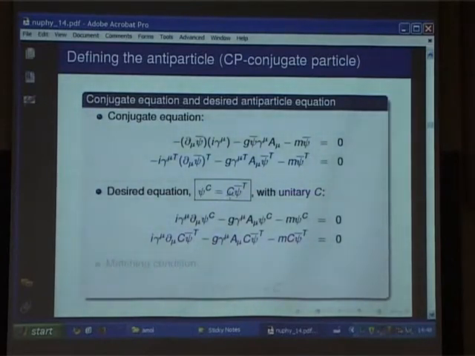I have some idea of what this psi C should look like, because we know that if psi had corresponded to some positive charge, psi bar would correspond to negative charge. We had some intuitive vague idea of this. But at this moment, I have not told you anything about it. I'm just saying that my psi C is just this transformation.